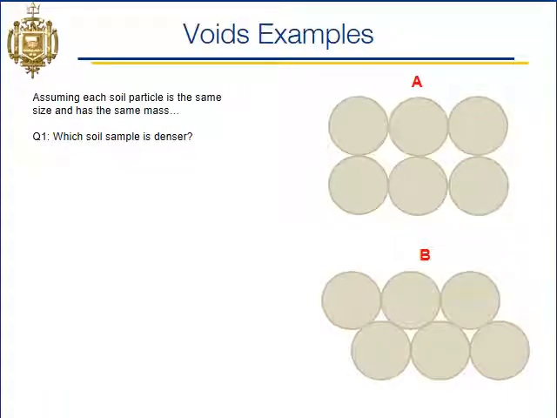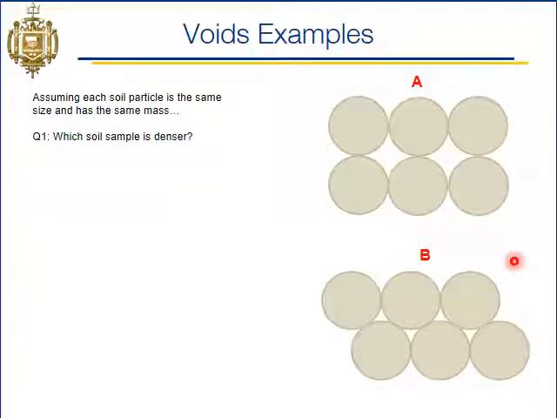All right, so we've got some examples for voids. We'll go through this. So what we have here is we have two soil samples, A and B, and we have a little cross section here so we can see 6 particles in each of these samples. So let's go through these questions here. So question 1 is, which soil sample is denser or more dense?